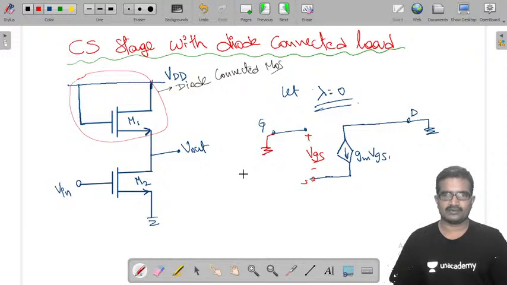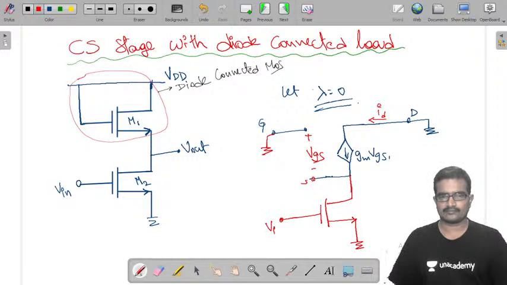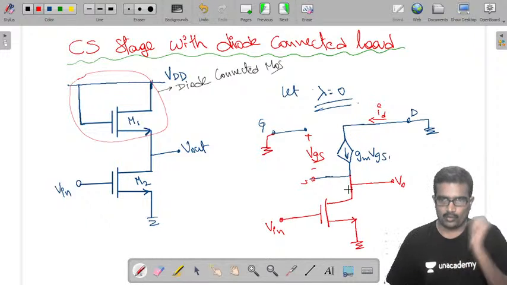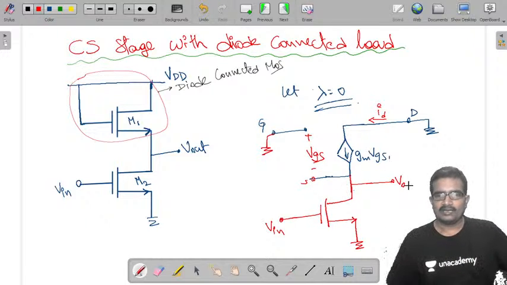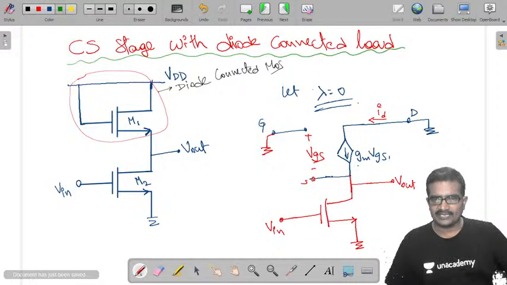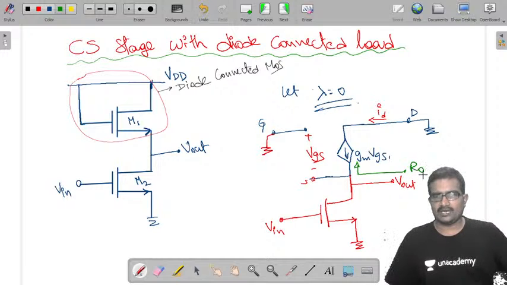And this is your ID. Now your device is like this. Here we are taking the output. Here I am going to calculate the output impedance of this circuit at this point.